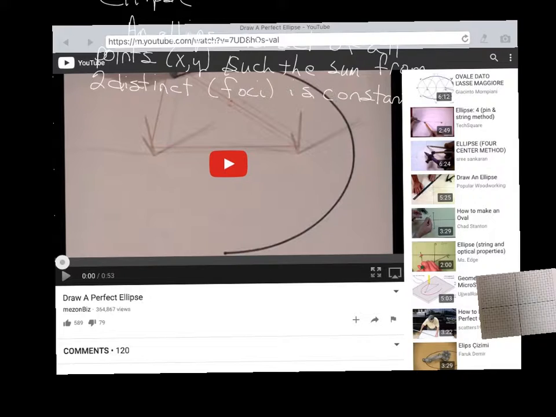Notice those two fixed points are important in that ellipse. Where those two toothpicks are would be what we call the foci.